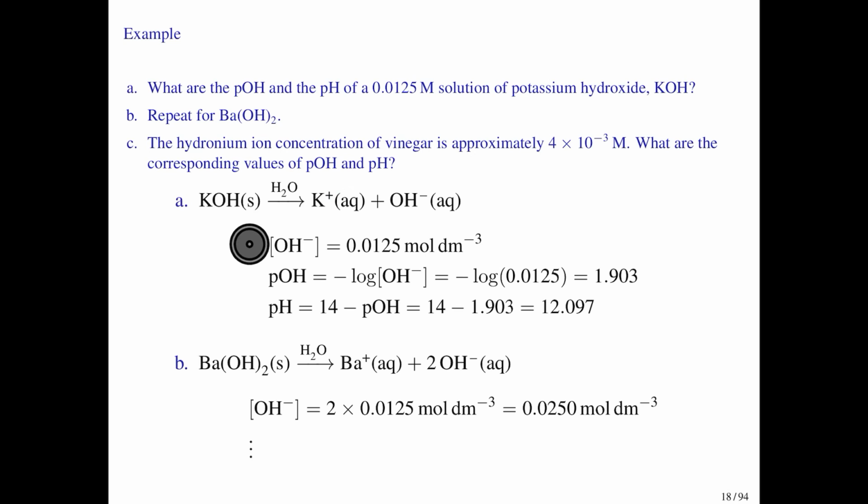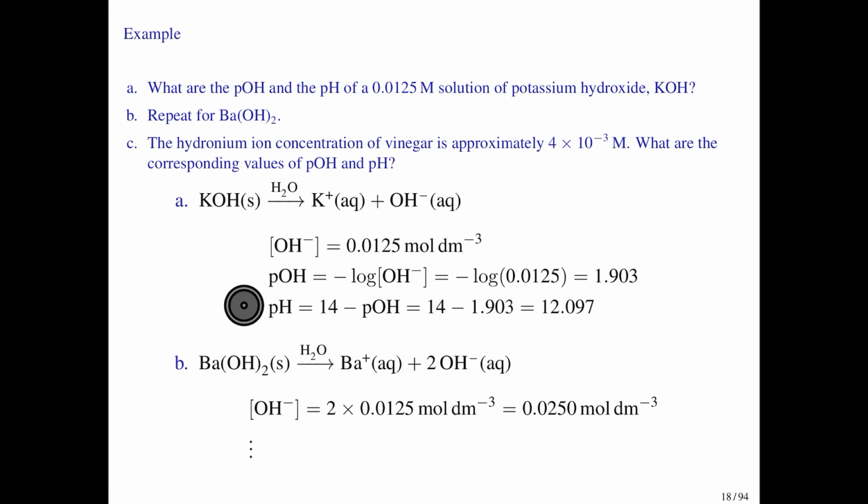Given the hydroxide concentration, we can calculate the pOH by taking minus the logarithm. That calculation is shown here. Our concentration has 3 significant figures in it, so our pOH will have 3 decimal places that are significant. To calculate the pH of the solution, we use the relationship between pH and pOH, where the sum of pH plus pOH must equal 14.